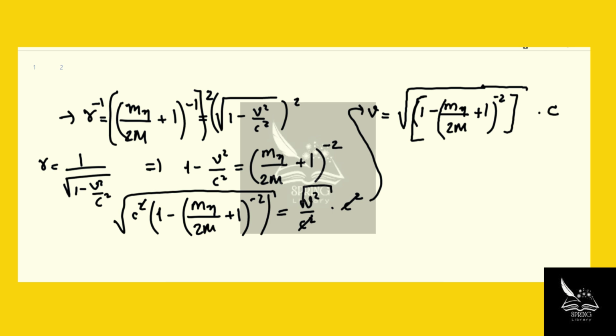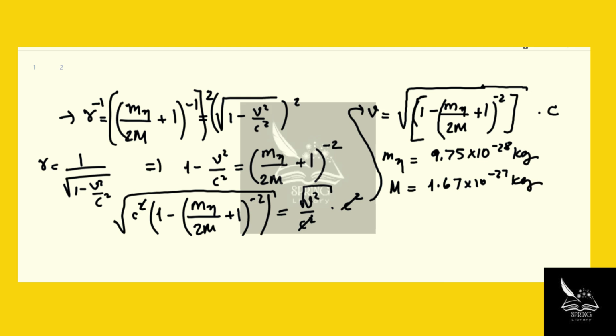Now if you plug everything in there for m nu, you plug 9.75 times 10 to the power negative 28 kilograms. And for capital M, the rest mass of a proton, we're going to have 1.67 times 10 to the power negative 27 kilograms.